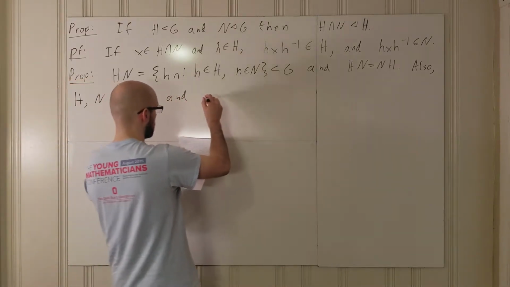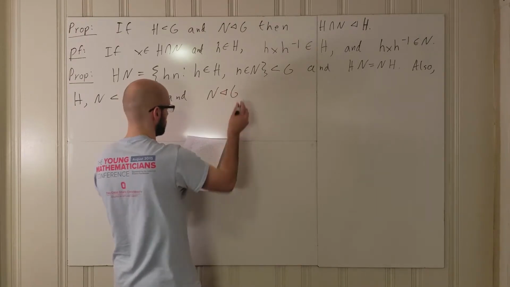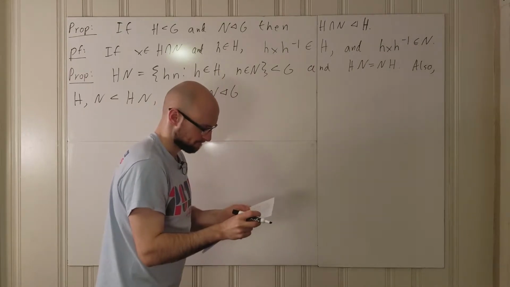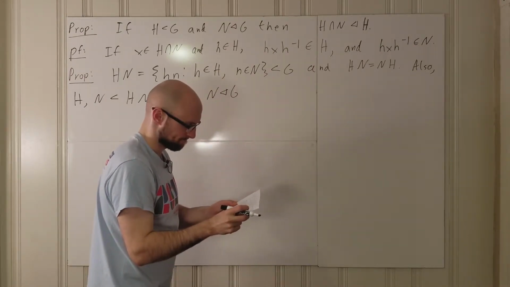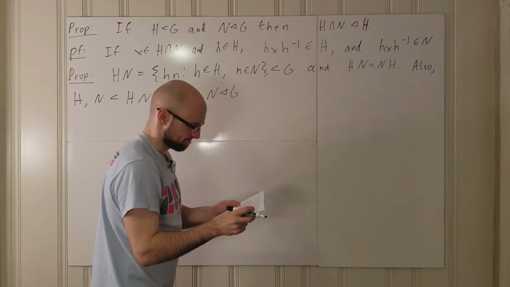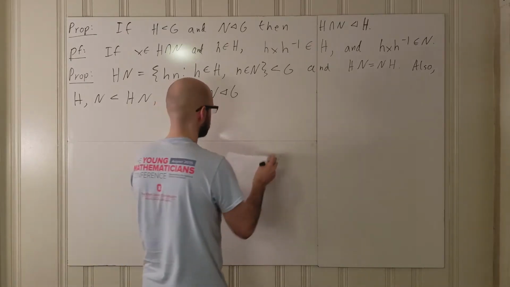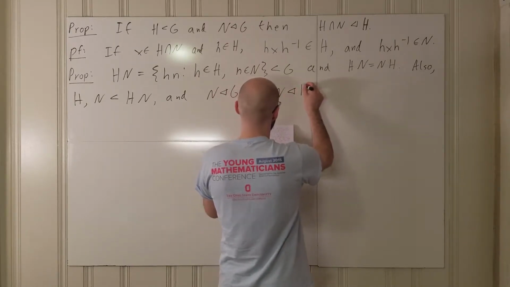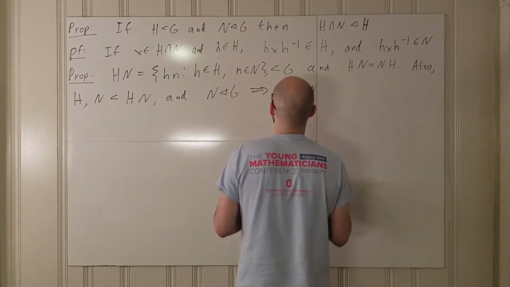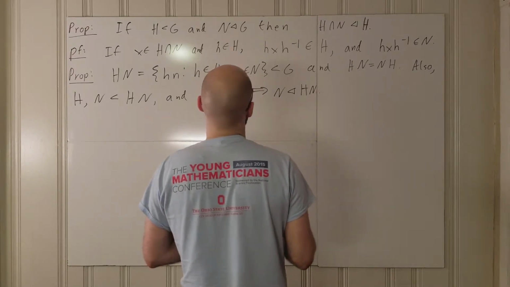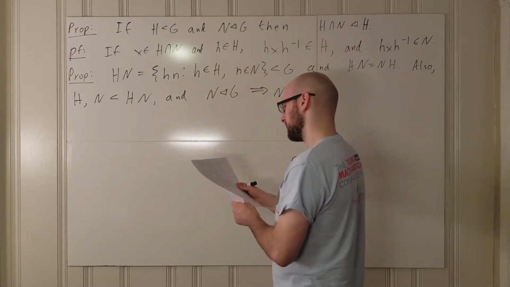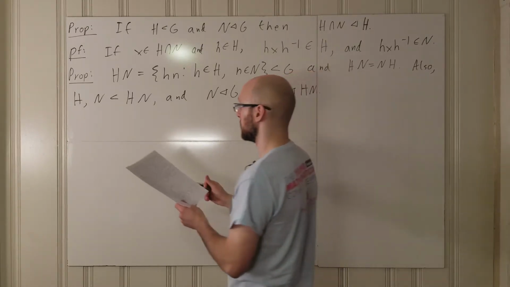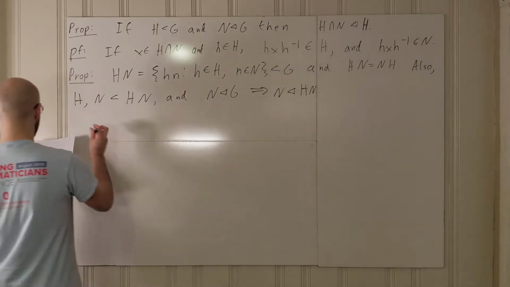And if N is normal in G, then N is normal in HN. I'm trying to think, are we assuming throughout this problem that we have normality? I guess not. So anyways, let's prove this.